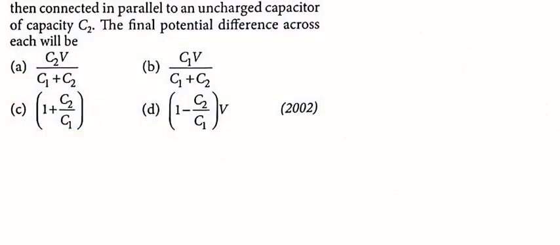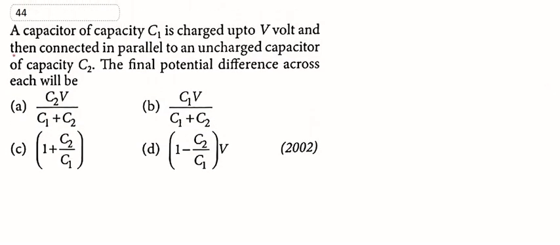Let's look at question number 44. A capacitor of capacity C1 is charged up to V volts and then connected in parallel to an uncharged capacitor of capacity C2.